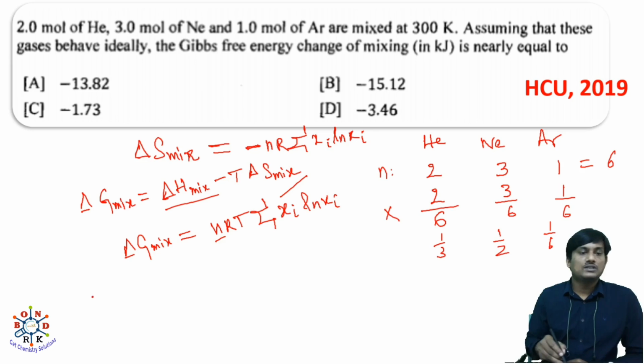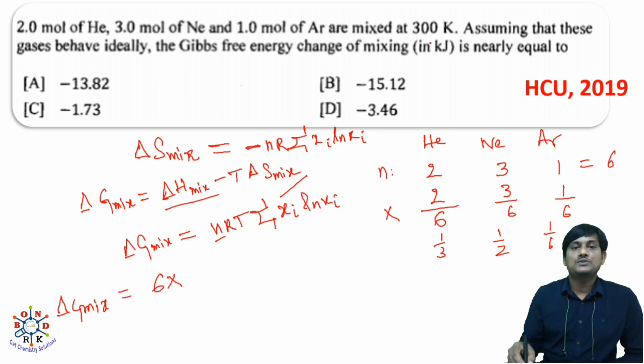When you substitute, delta G mix is equal to nRT, 6 into, what is the R value you have to take? This is in kilojoules, but you have to take 8.314 joules.